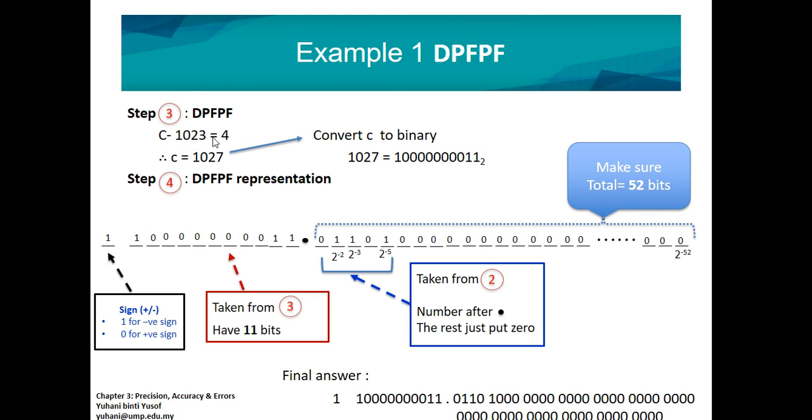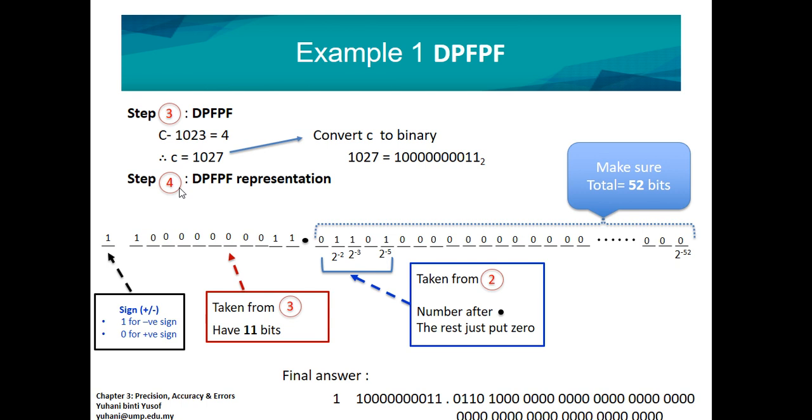So C minus 1023 is equal to 4, so you can find out that your C is 1027. So again, you need to convert this to binary. Okay, so you will get the answer as 10000000011 base 2. This one you can convert either by using calculator or manually.